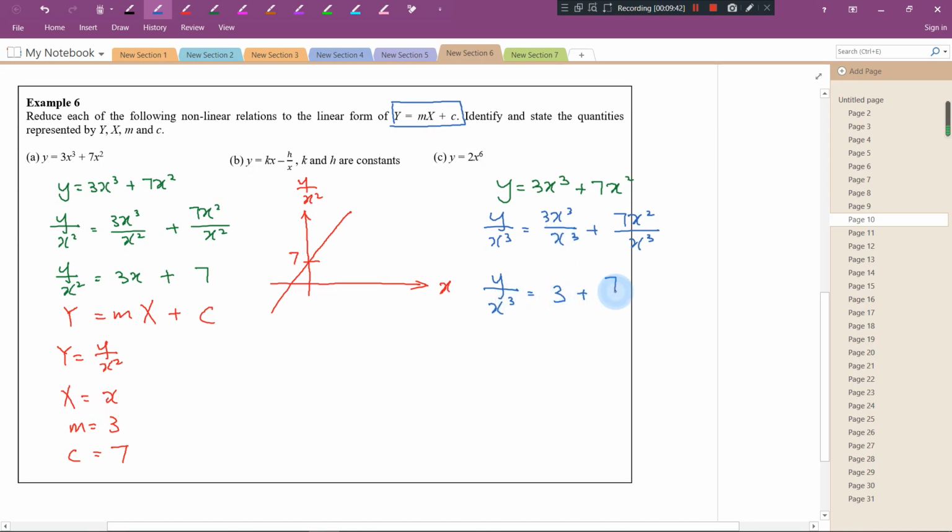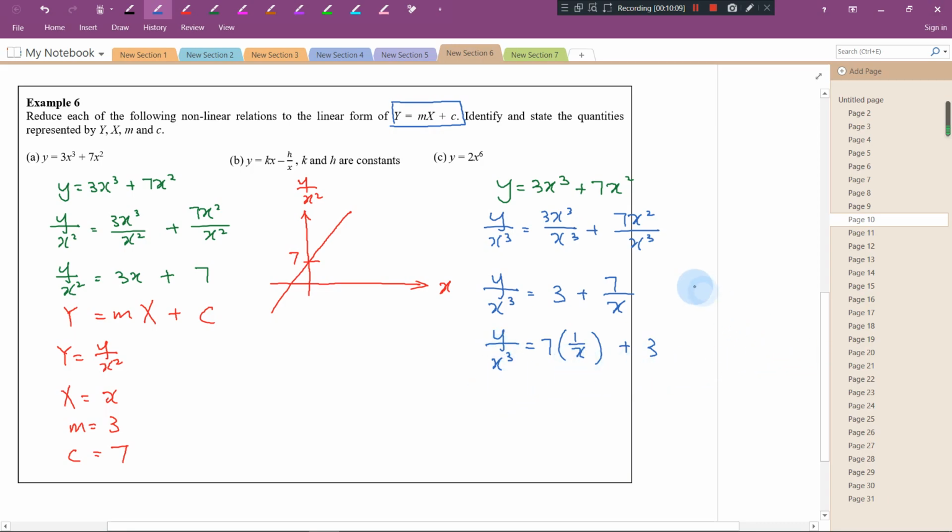This will become 7 over x. Okay. Now I try to rearrange all these terms so that I can see the form y equal to mx plus c. 7 over x, I can write in this way, 7 times 1 over x, plus 3.